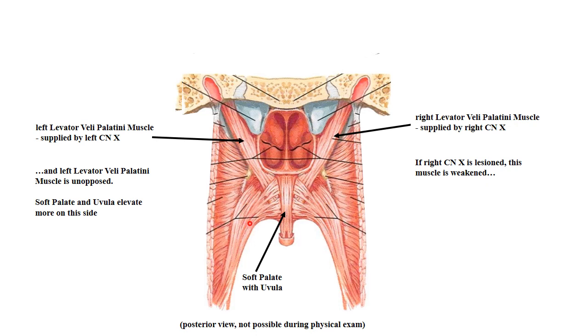And very often, as this side is lifted higher, it'll drag the uvula in that direction in the process. So you can't always count on the uvula to tell you which side the lesion is on, but if the uvula does point in one direction or the other, it's going to point away from the lesion. So this side of the soft palate will be raised higher, and the uvula, if it does deviate from the midline, will be pointing away from the side of the lesion.